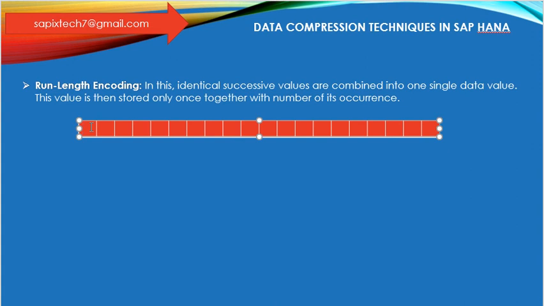So what it says is that identical successive values are combined into one single data value. This value is then stored only once, together with the number of its occurrences. For understanding this practically, let me create hypothetical data.